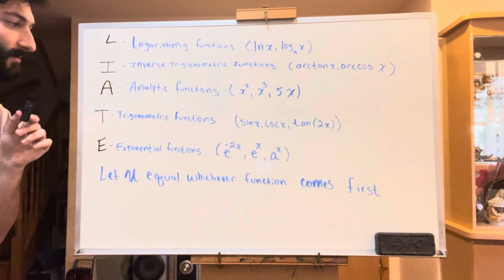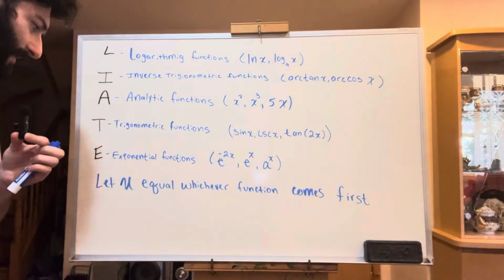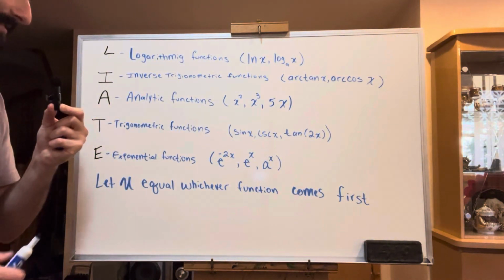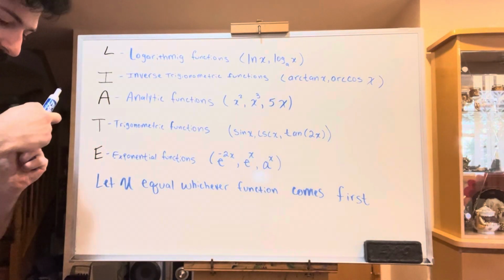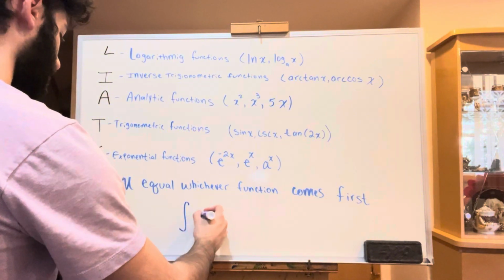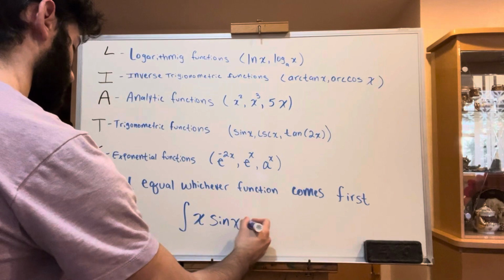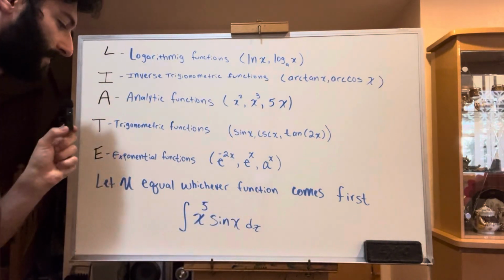So the way this works is if we have the integral, let's say, of x sine x dx, and this could be x squared, x to the fifth, it doesn't matter.